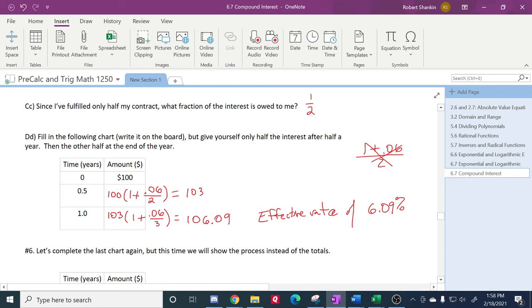So 6% interest, but effectively 6.09, is they're only giving away 9 more cents. Banks can handle this. So that's how they do the compound interest.